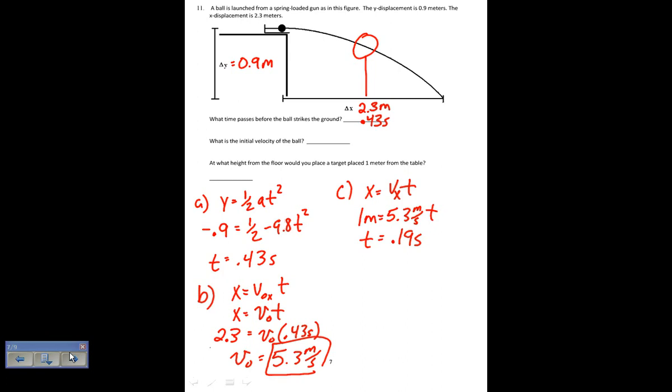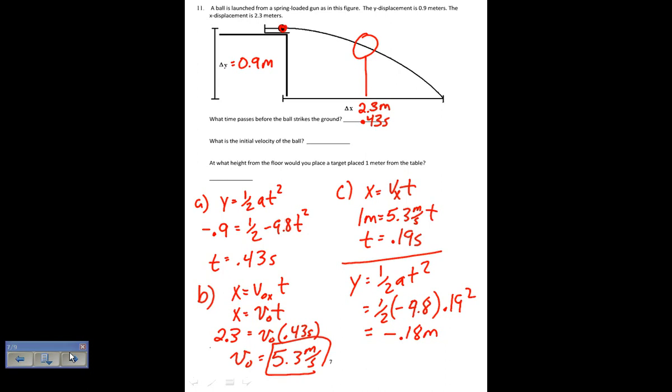And then I want to know what is the y position at that time. So I say y is 1/2 a t squared. It's 1/2 times negative 9.8 times 0.19 squared. And I find that this is equal to negative 0.18 meters.